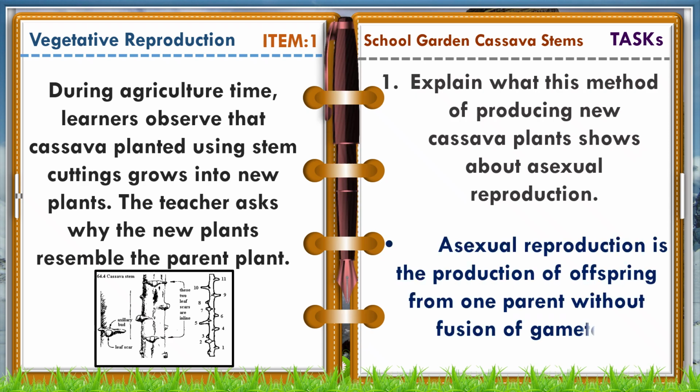Asexual reproduction is the production of offspring from one parent without fusion of gametes.